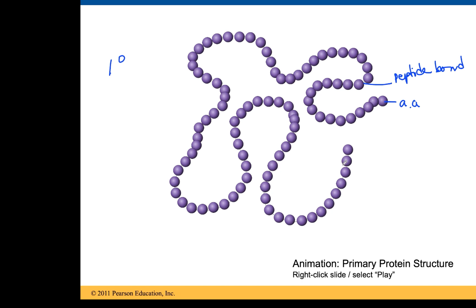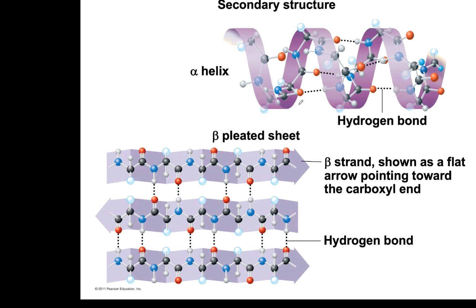So just a sequence, the order of amino acids, we call that the primary structure of a protein. This primary structure of a protein is going to have hydrogen bonds between amino acids.